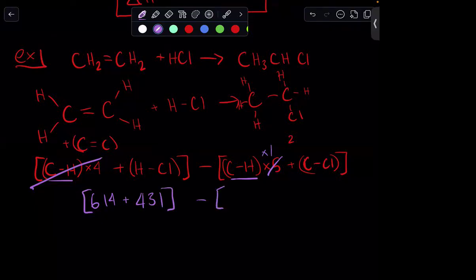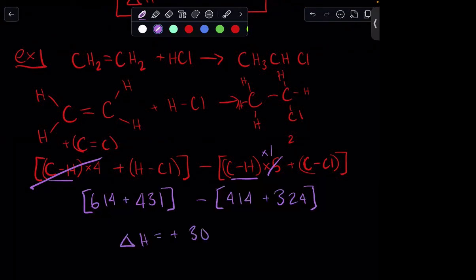We will subtract that from the CH bond, which is 414. And we will also subtract 324 from the carbon chlorine bond. We will find our total answer being the energy, or the delta H, that is absorbed, as this is a positive value, is 307 kilojoules mole inverse.